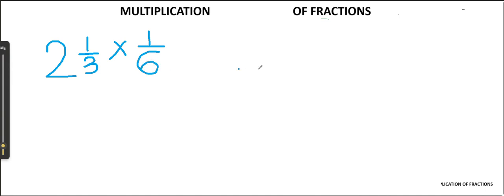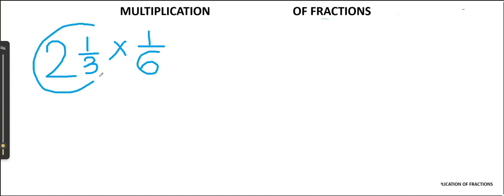Well, now comes the next kind of multiplication. So I have the next question for you, which is 2 1/3 times 1/6. As learned in the very previous lesson, we learned about the conversion between fractions.